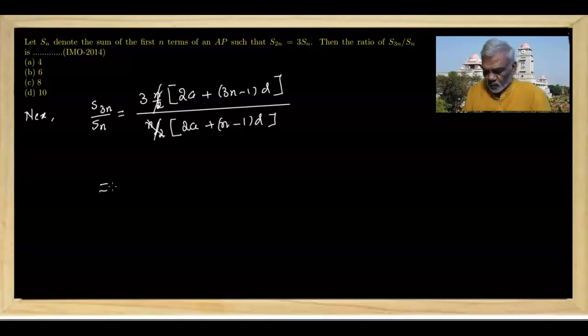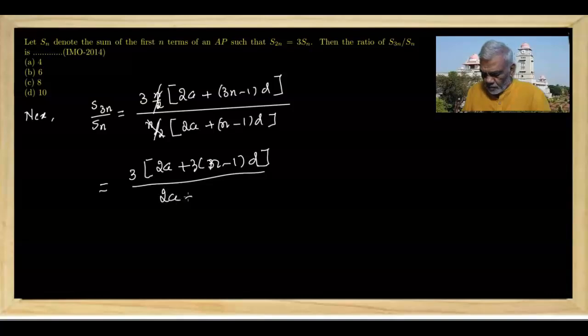This is equal to 3 into 2a plus 3n minus 1 into d, divided by 2a plus n minus 1 into d.